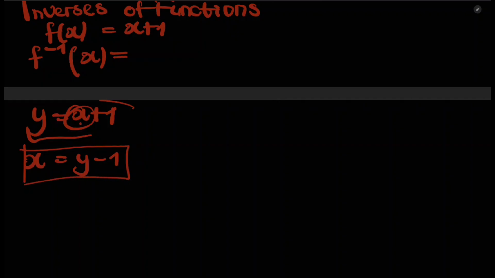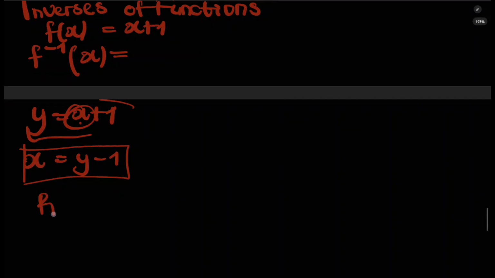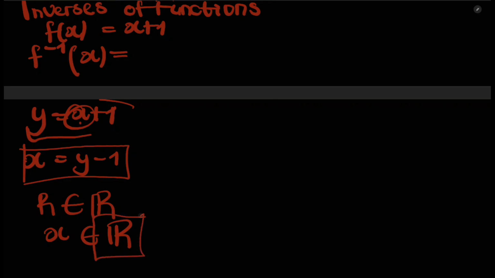From here we can see that our range is just a set of real numbers. So x is just an element of a set of real numbers. Okay, why do I say that x is just an element of a set of real numbers?